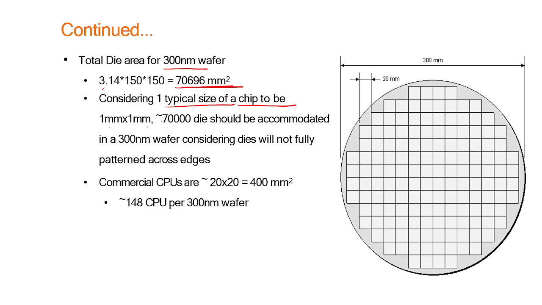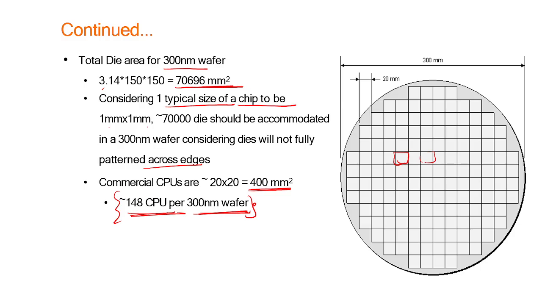So about 70,000 die should be accommodated in a 300 millimeter wafer, considering die will not be fully patterned across the edges. Commercial CPUs are available at 20 cross 20, that is 400 mm square, so we can make 148 CPUs within the 300 millimeter wafer.